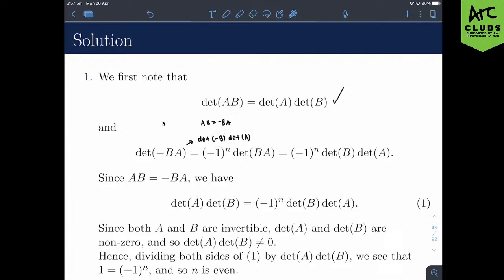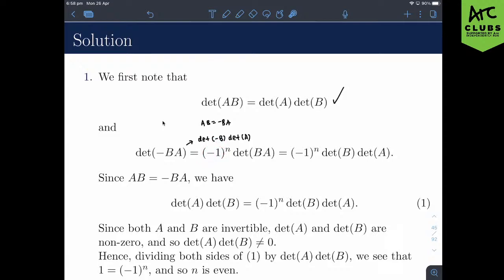And so that means that we multiply the determinant of B by minus 1, n times. I did this in an alternative way, you can do that as well, but that's how I get the minus 1 to the power of n out the front.